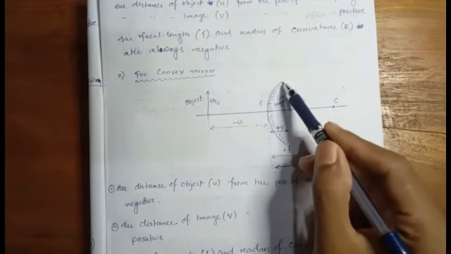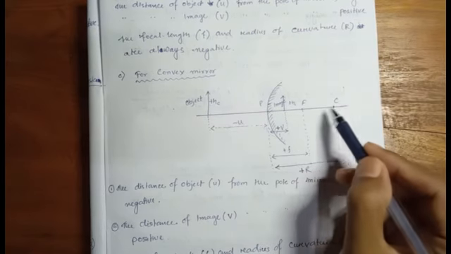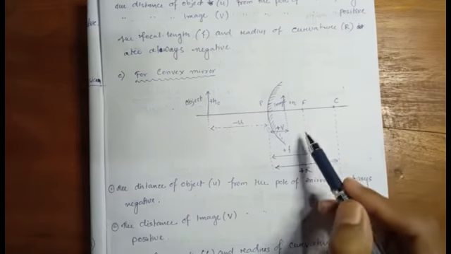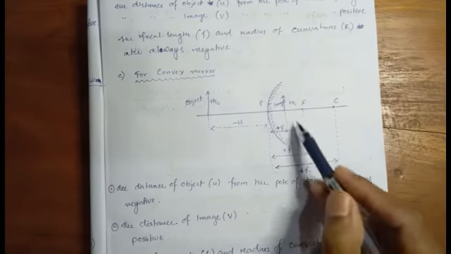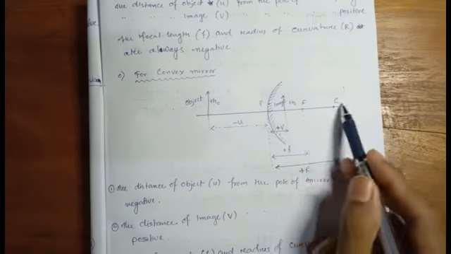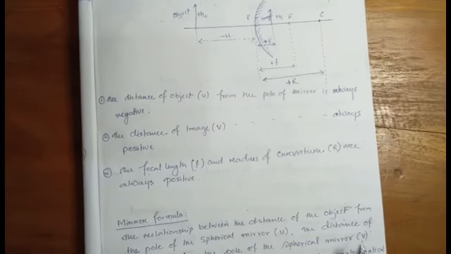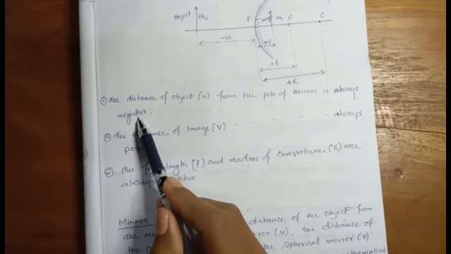So in case of convex mirror, you see here the principal focus and center of curvature are in the right of the pole. So if you measure the focal length from the pole, it will be positive, and the radius of curvature will also be positive. Why? Because they are in the right of the pole. Therefore the distance of the object u from the pole of the mirror is always negative. Why?